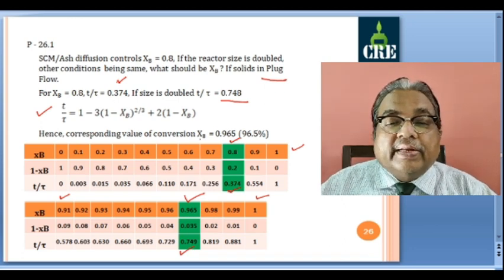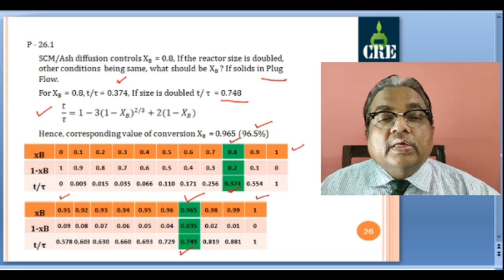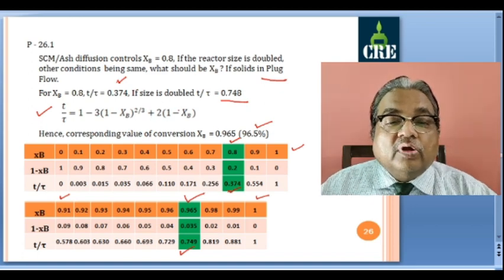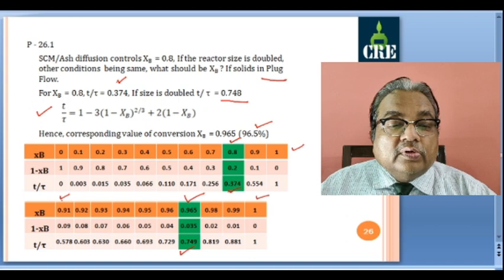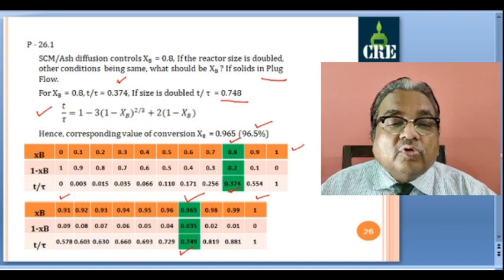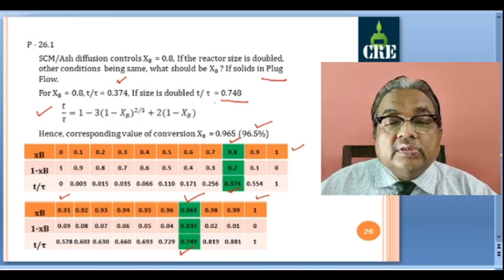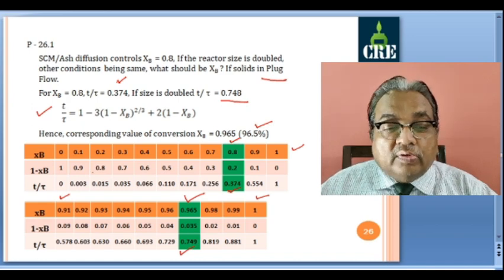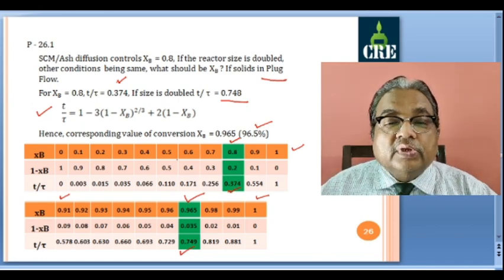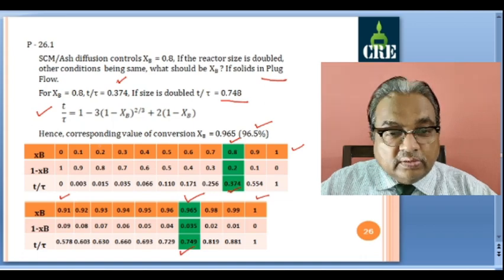So I can say that XB is equal to 0.965 or conversion is 96.5% if the reactor size is doubled for plug flow. Okay, so these are the calculated results. You can find directly from this equation by trial and error calculations. Just to make this clear, I have written this in terms of the table and given you the values. This is not necessary, you can directly calculate by trial and error calculations, which is very easy and simple.